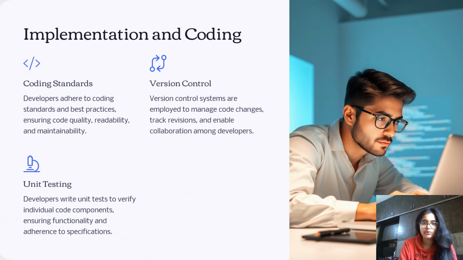Next is version control. Version control systems are employed to manage code changes, track revisions, and enable collaboration among developers. Next is unit testing. Under this, developers write unit tests to verify individual code components, ensuring functionality adherence to specifications.